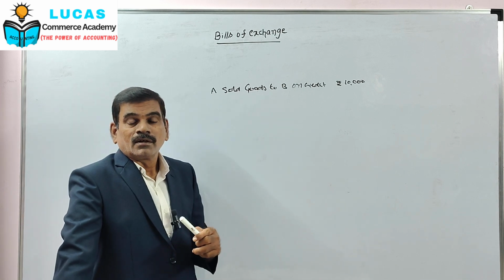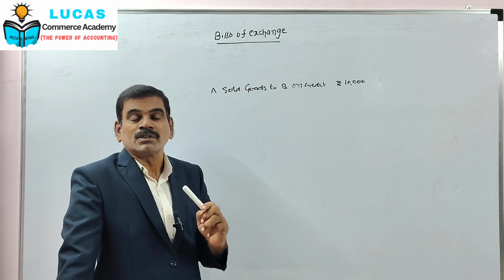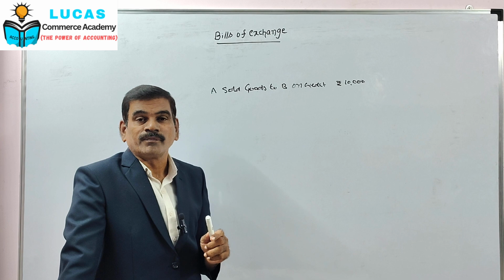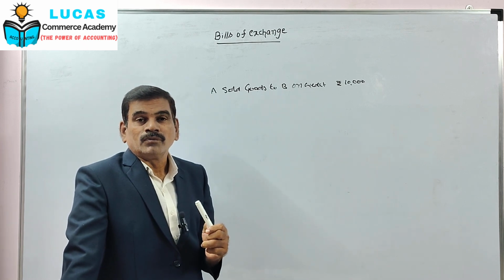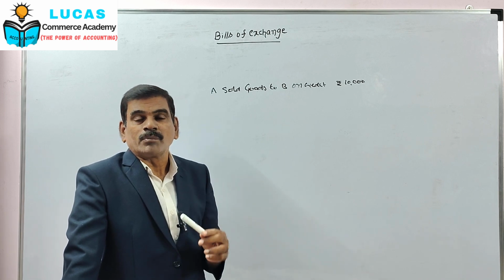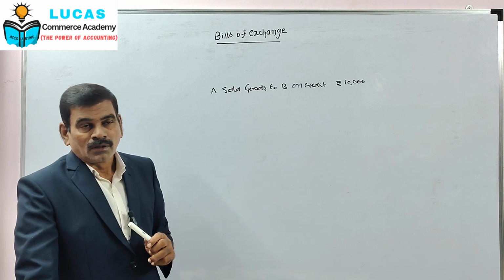Mr. A would like to have a written commitment from the purchaser to pay the amount on a certain date. That means B has to give a written promise. That written promise or written statement is known as bill.